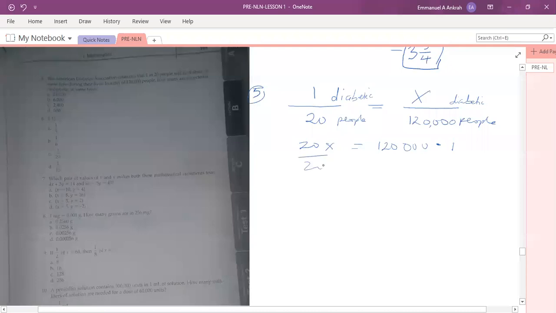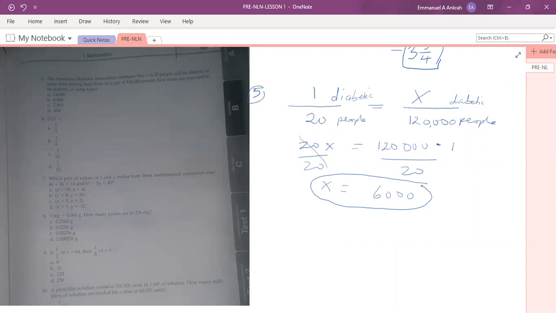Then divide by 20, divide by 20. So 20 cross out. So you have X is equal to 6,000. So you should come up with 6,000 for this. So that would be B.